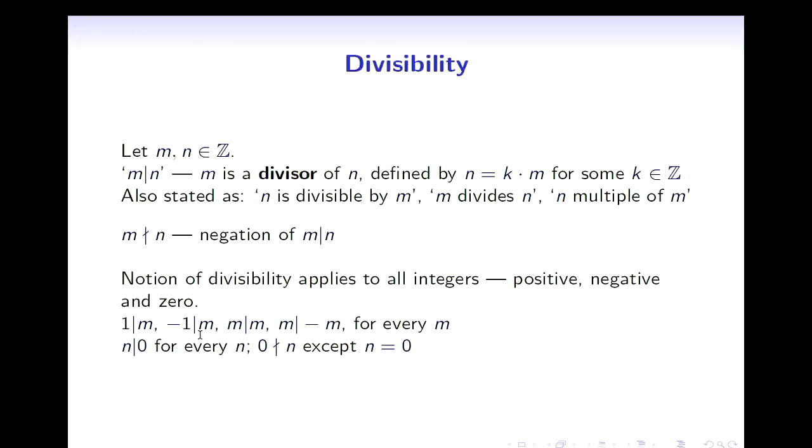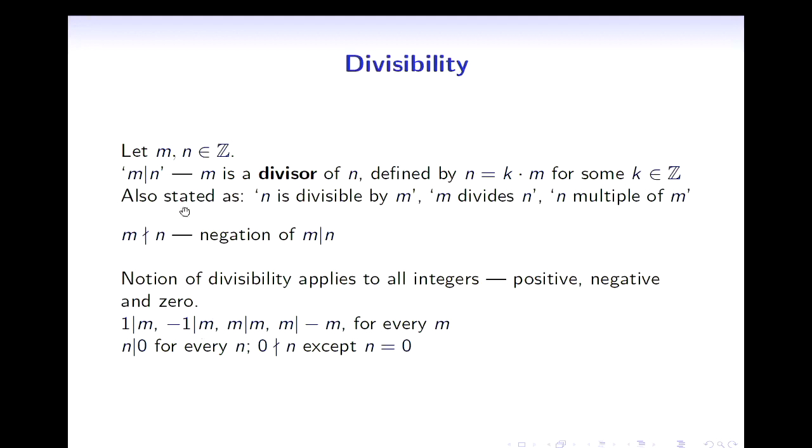Another important concept that we need for integers is divisibility. Divisibility, I'm sure most of you would also know what this is, means that you can divide one number by the other number without any remainder.